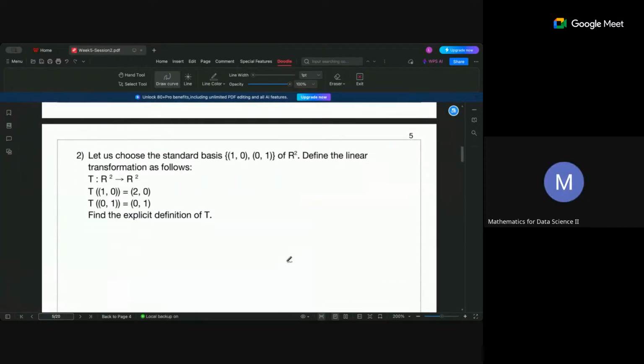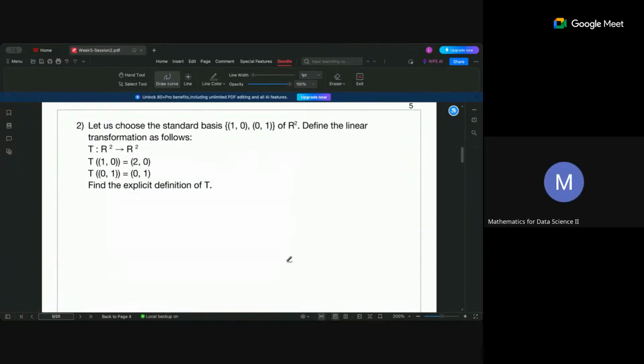Okay. So now look at this question. Let us consider the standard basis (1,0), (0,1) of R2. Define the linear transformation as follows. This is a very important question. Everyone listen carefully. So T from R2 to R2 is defined using the standard basis.